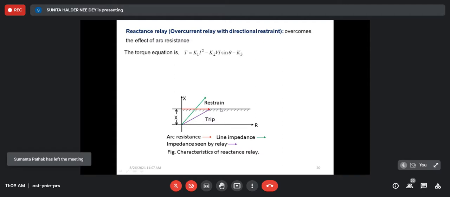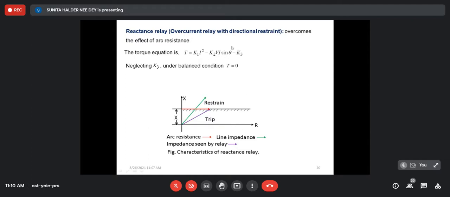This relay is an overcurrent relay with directional restraint. Here restraining is given using a directional element, and the original relay is the overcurrent relay. How is it given? You know, both directional relay and overcurrent relay provide torque. Here, one directional overcurrent relay torque is used for restraining, and one ordinary overcurrent relay torque is used as operating.